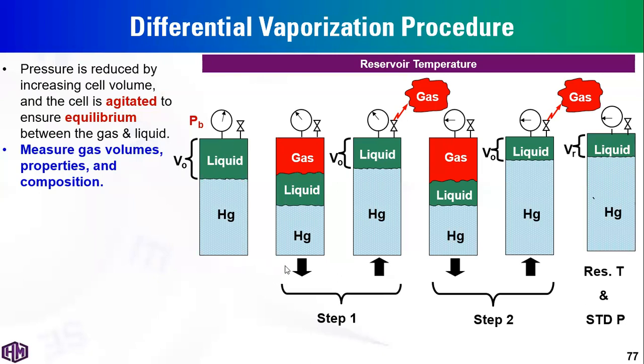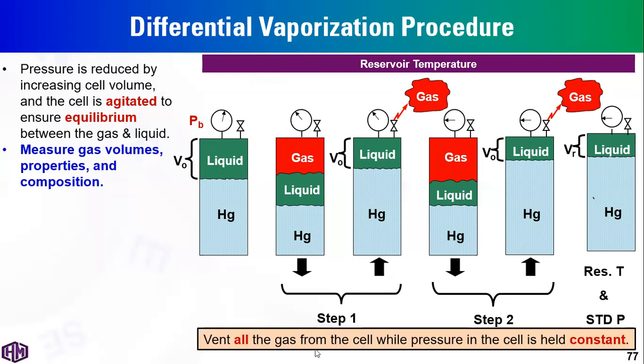Once the pressure is reduced, we have an amount of gas that will be released out of the liquid. In this step, the gas will be removed, and an additional step reduces pressure, and so on. So the concept is to vent and remove all this gas from contact with the oil and reduce the pressure successively up to the standard pressure and reservoir temperature. So this is the procedure of differential vaporization.